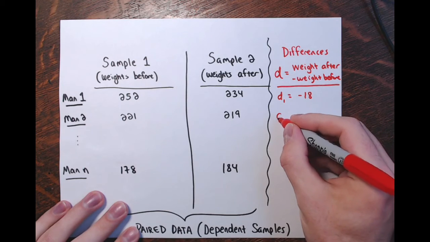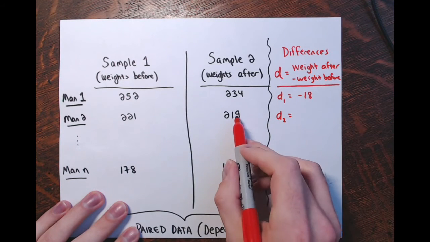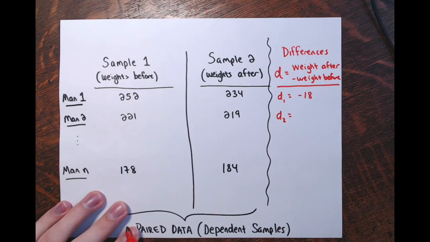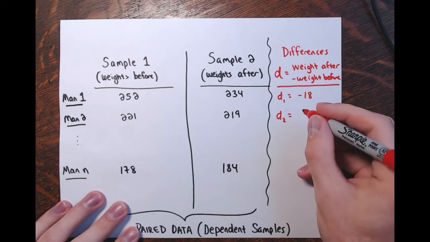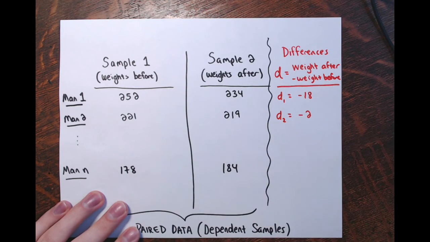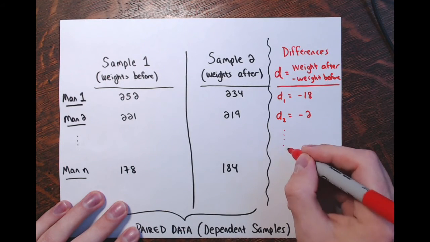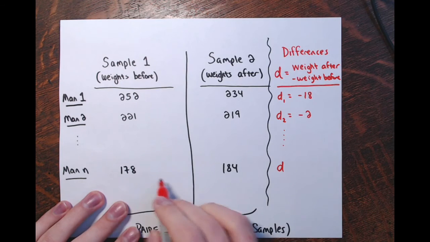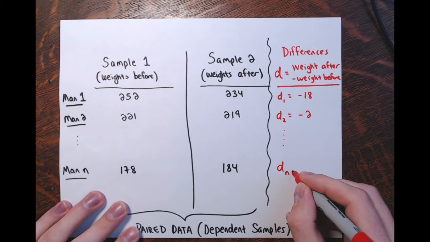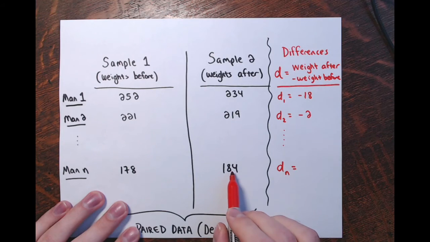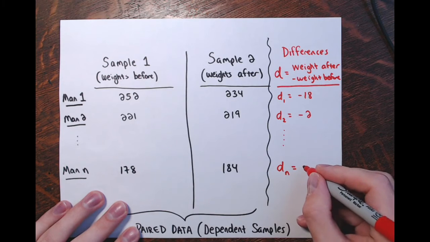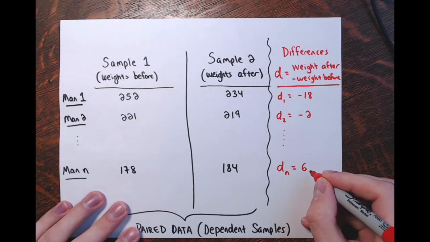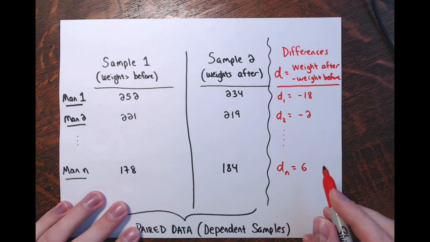And then say D2 would be the weight after minus weight before for man number 2. 219 minus 221, negative 2, meaning a loss of 2 pounds. And so on. We do this for all n pairs of data, say D sub n here. Take weight after minus weight before. Now 184 minus 178, that would be 6. So this means a gain of 6 pounds after the trial.